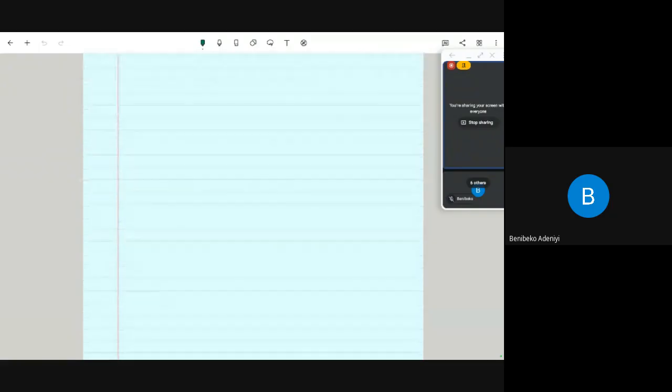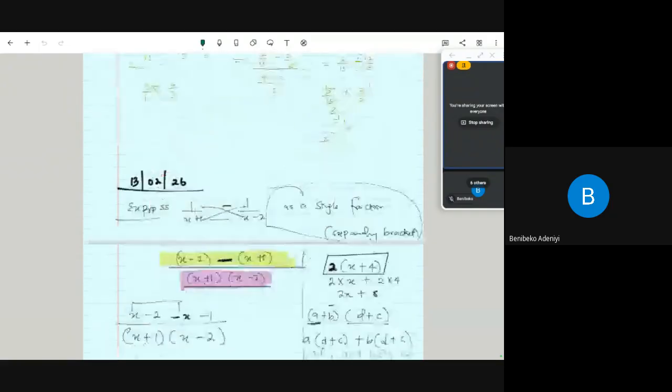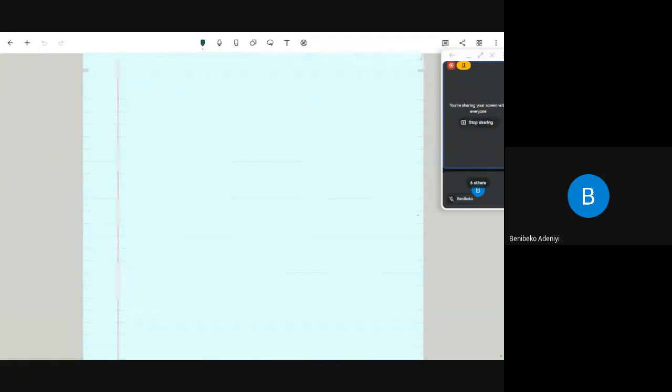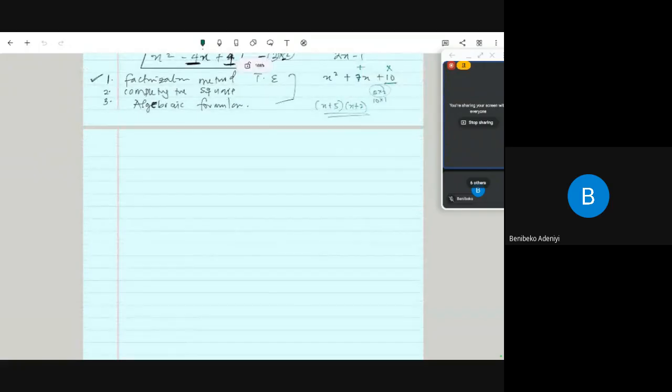Okay, this one, the one we solved first, this one here. The one we started with, x, 1 over x. Okay, I have: simplify x plus 2 over x plus 1 minus x minus 2 over x plus 2. 1988, question 12.